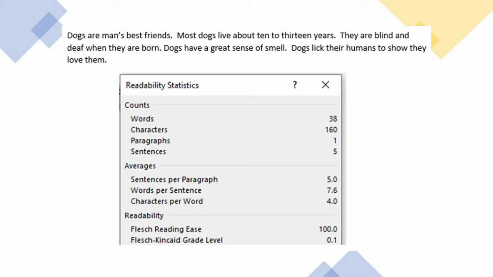Now, under readability statistics, my original paragraph, the reading ease was 100%, meaning most anybody can read that paragraph. It's super simple. And the grade level was a 0.1, meaning that someone even in kindergarten could probably read that paragraph.